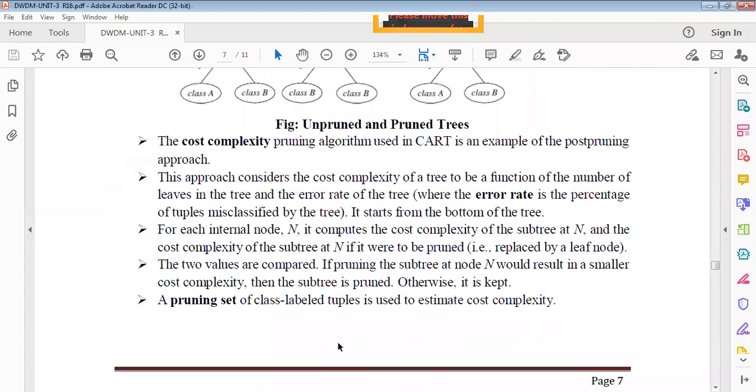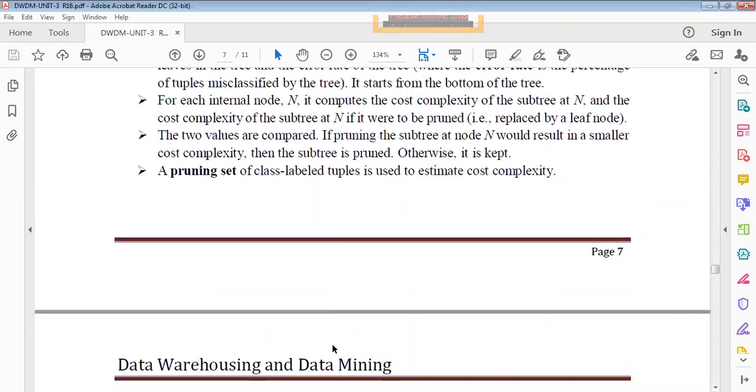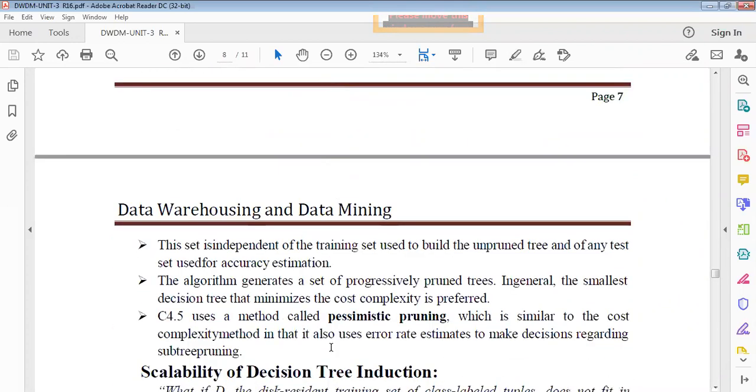Simply, a pruning set of class-labeled tuples is used to estimate the cost complexity. This set is independent of the training set used to build the unpruned tree and of any test set used for accuracy estimation. The algorithm generates a set of progressively pruned trees. In general, the smallest decision tree that minimizes the cost complexity is preferred.